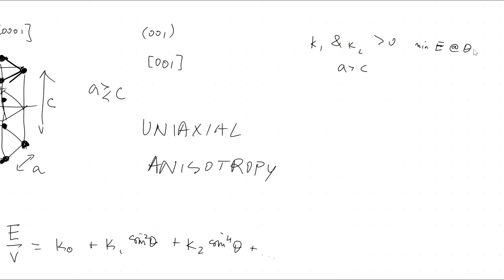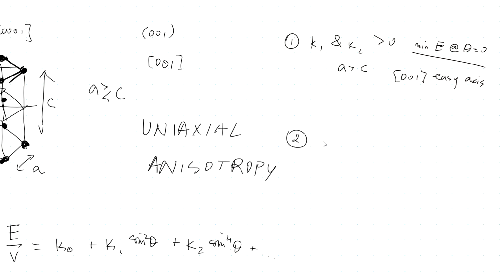At theta equals 0, which means that we will have this 0, 0, 1. I will use only 3 indexes, despite that it is hexagonal, because we need only one direction. So that would be an easy axis. This is case 1.